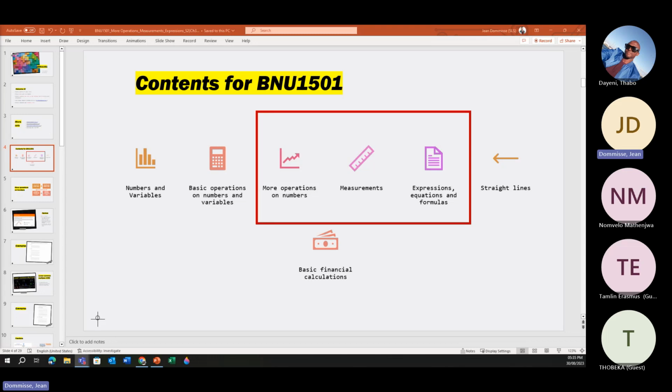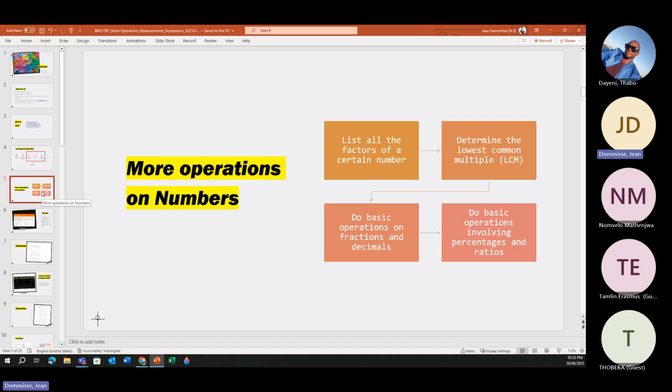Okay, so let us get underway. The first thing under more operations on numbers, so I think it's chapter 3 or topic 3, we're going to look at all the factors. We're going to look at factors of a number, how if we get a number, we break it up into factors.